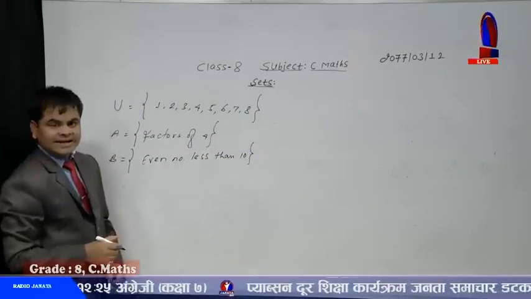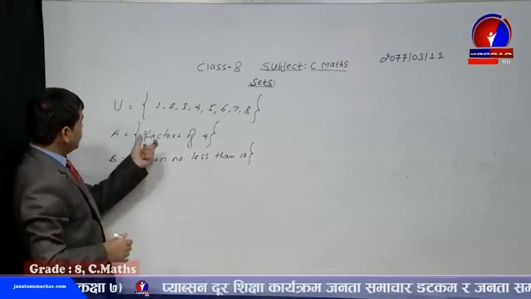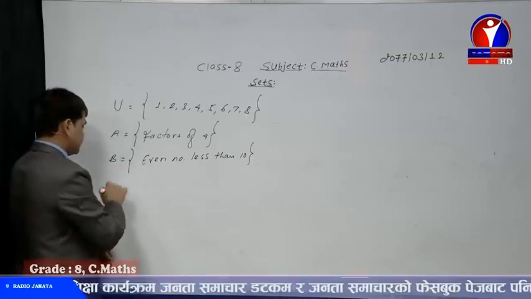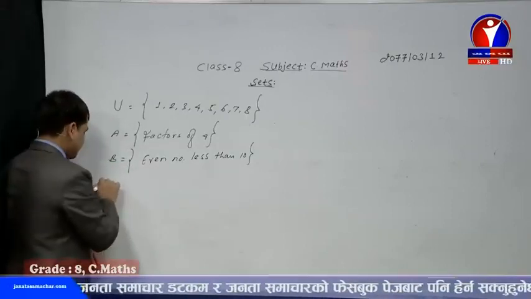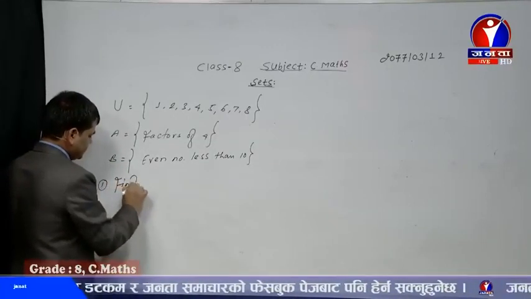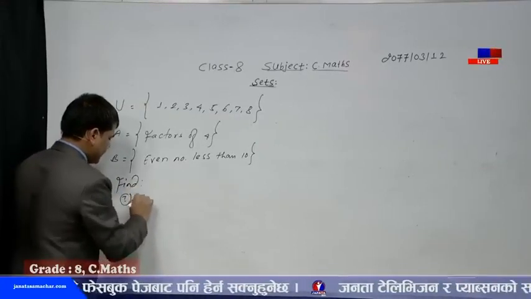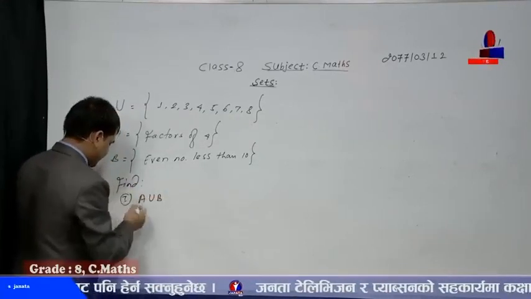Even numbers less than 10. So if you have to prepare so much information, maybe find one number A union B.